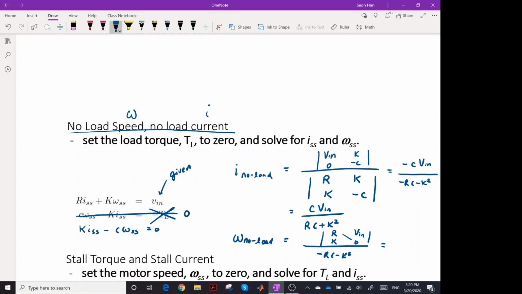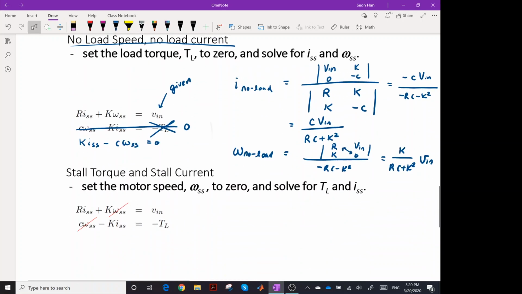Okay, here we go. This is a 0, and the other diagonal is negative K. So it'll be K divided by RC plus K squared, times V in. Here it is. So that's the other expression for the no load speed and the no load current.